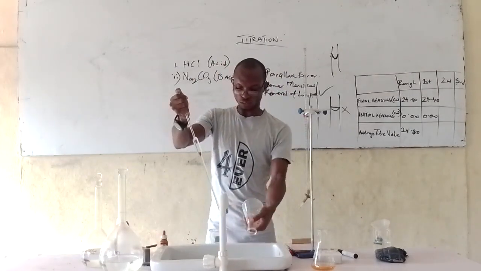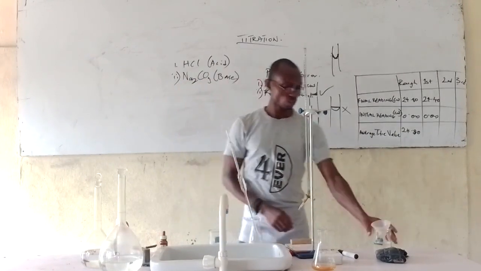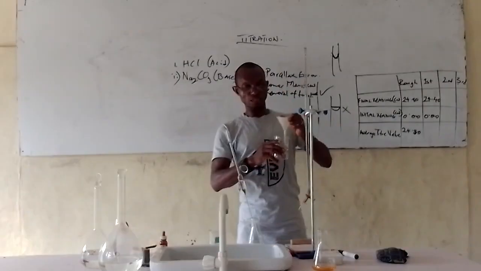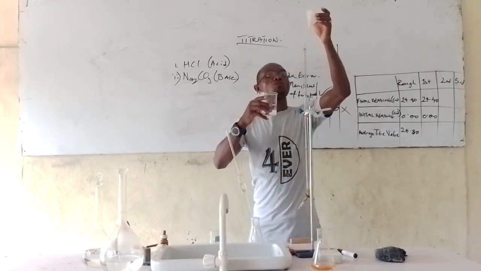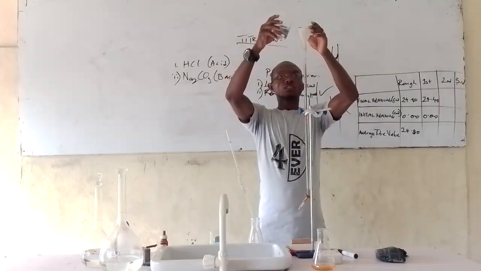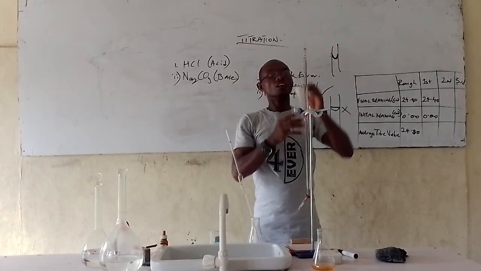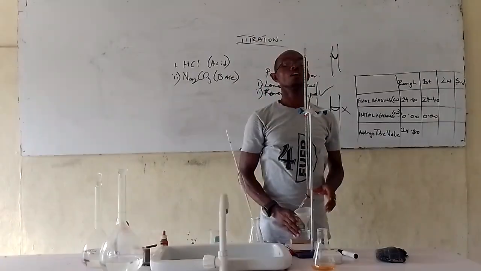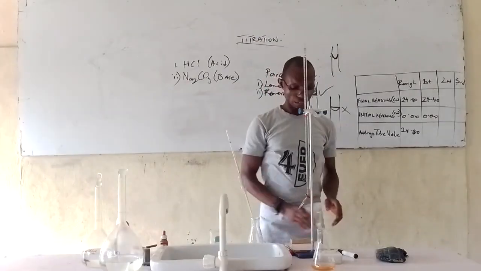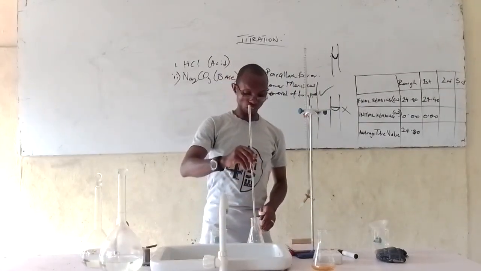So this is the content of the base that I'll be using. While that one is dispensing into the conical flask, let me quickly calculate it. Okay, my acid is right where I want it to be. So this one has finished dispensing.